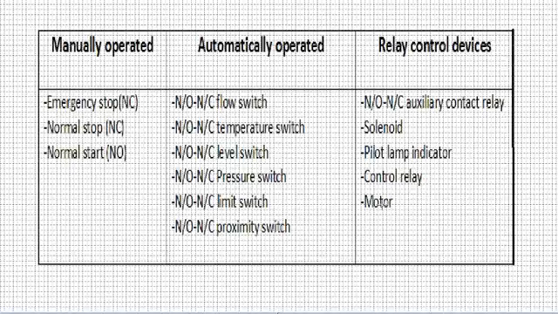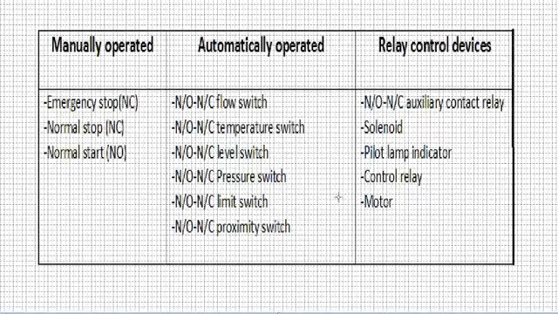And then we have motors, which are one of the most universally used types of control devices or outputs. This could also be categorized under outputs, except for the auxiliary, which sometimes could do both functions, input and output, mainly input. But solenoids, lamps, control relays, and motors could always be outputs.